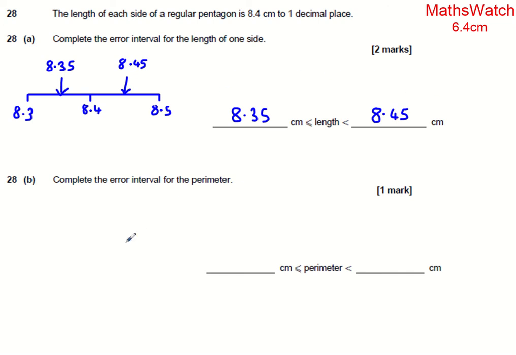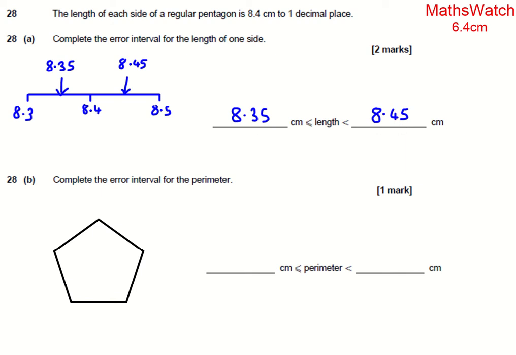Part B, complete the error interval for the perimeter. Now the perimeter is the distance around the shape. Now this is a pentagon. So if I show you a pentagon, that has got 5 sides. Each of these sides can be somewhere between 8.35 and 8.45.